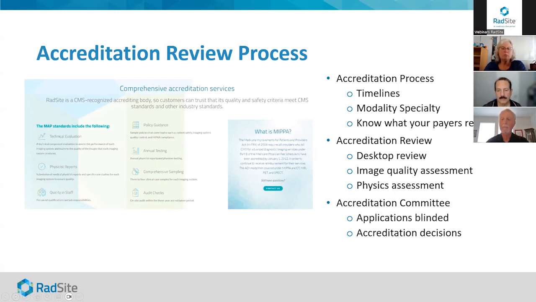Now, the application review does have 3 parts: the administrative, the clinical images, and the annual physics. And just to quickly go over them, the administrative review consists of all the form questions and required documents in the application. That reviewer is going to check all of that information you've provided to make sure you meet our standards.